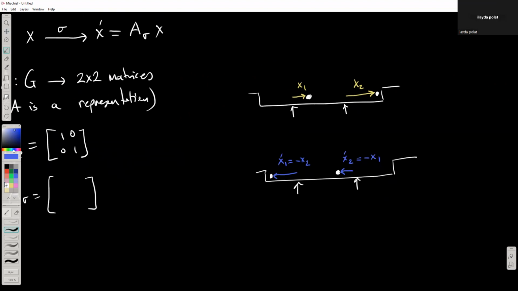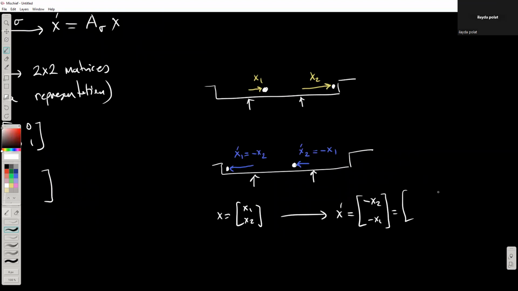Okay, so therefore the transformation is from (x1, x2) into (minus x2, minus x1). Right? That's the transformation. This is the transformation from a position vector to a new position vector, which is obtained from the old position vectors like that.